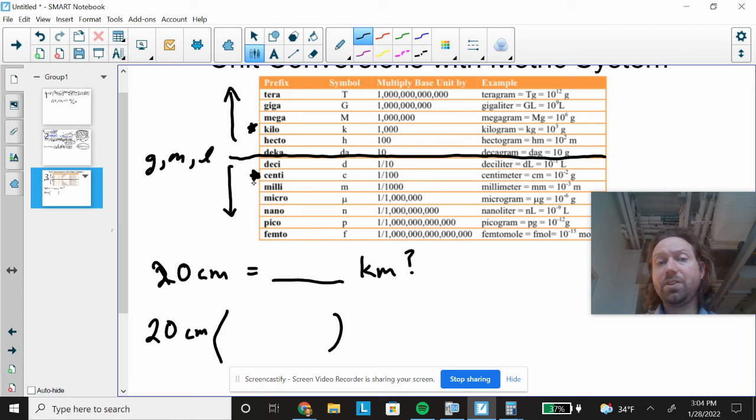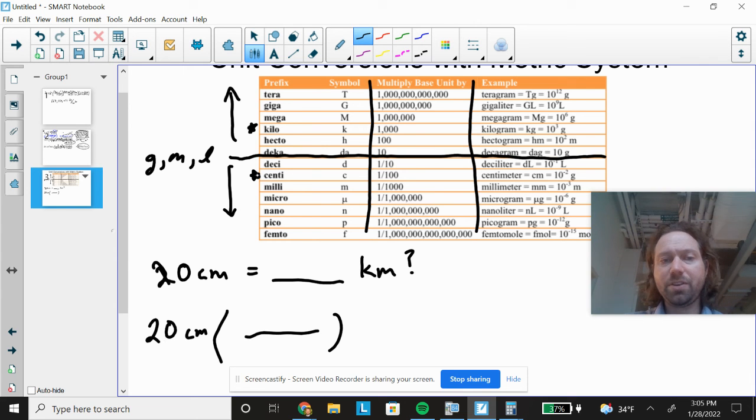There's no easy way of just going right from centimeters to kilometers, but these multiplying bases, numbers in the middle, help us to understand how they relate to the base unit at least, and then we can do the next step, which is going from the base unit to the next level. So let me show you. Centimeters are right here. That's where we're going to start. Again, we can't go directly to kilometers. There's nothing on the chart that helps us for that.